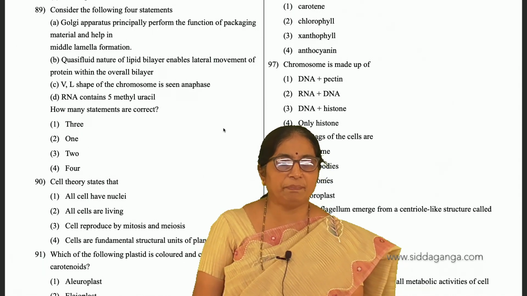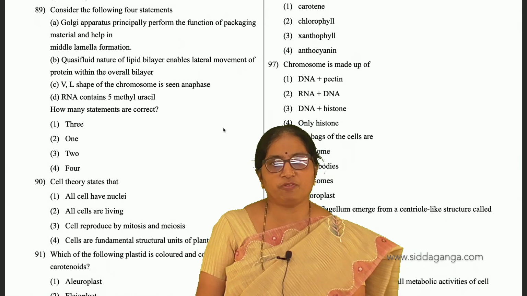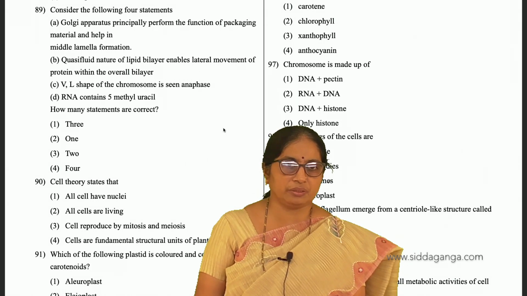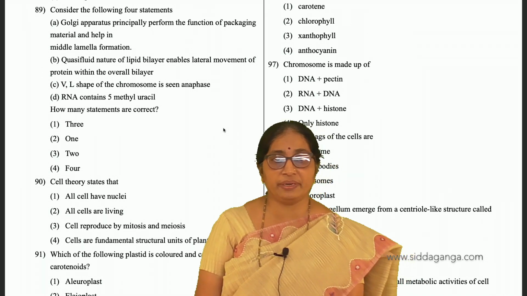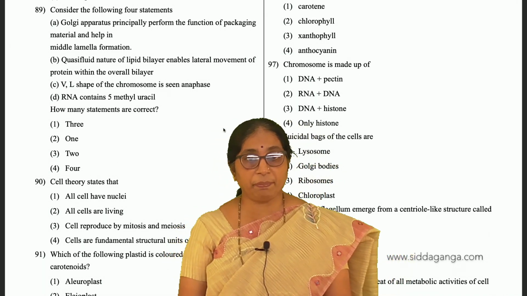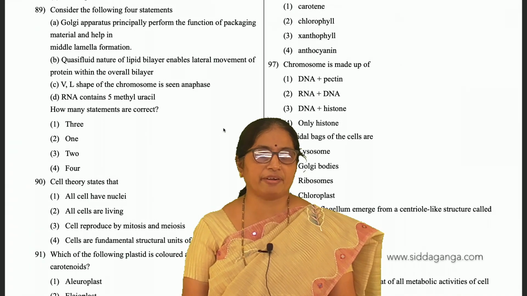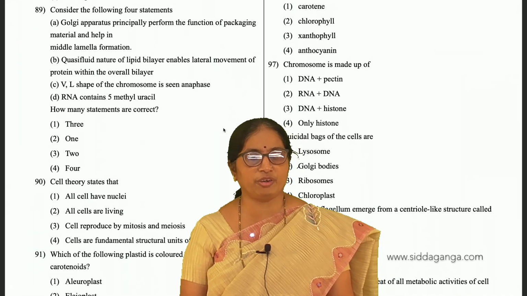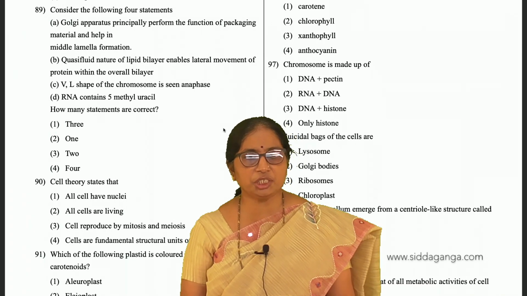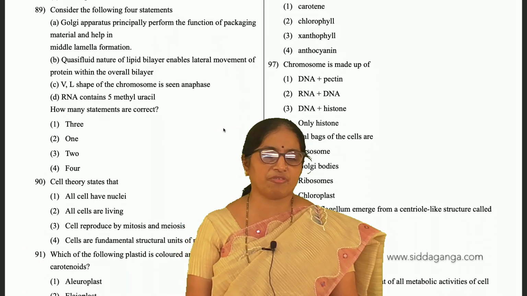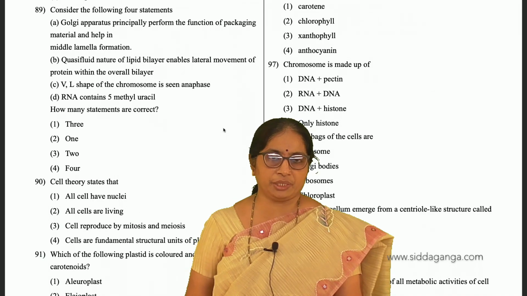So, option 1, Golgi apparatus principally performs the function of packaging, is right. Quasi-fluid nature of the lipid bilayer enables lateral movement of protein, that is, the movement of the intrinsic proteins, is also right. V and L shape of the chromosome is seen in anaphase, of course that is also right.